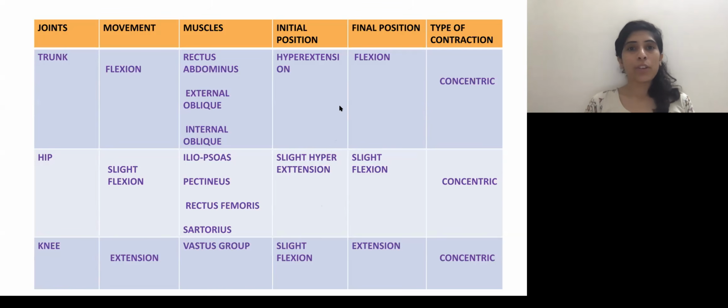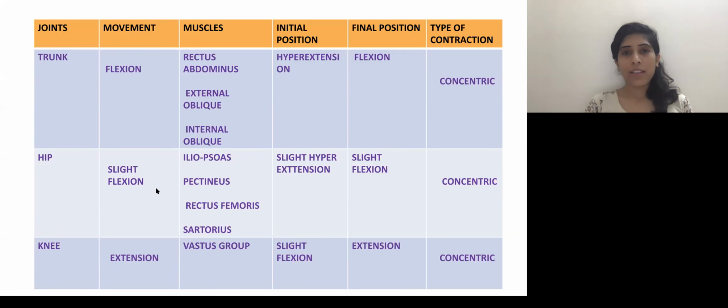Then we'll proceed to the lower extremity. There will be slight flexion motion initially, and then it will go for flexion and adduction motion. Here iliopsoas, pectineus, rectus femoris, sartorius, adductors, all the muscles have to work, and these muscles work concentrically to produce this motion.